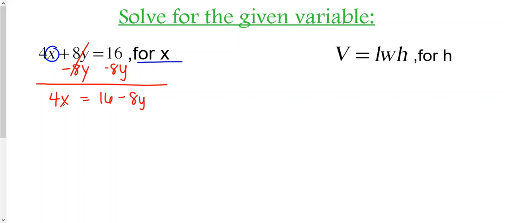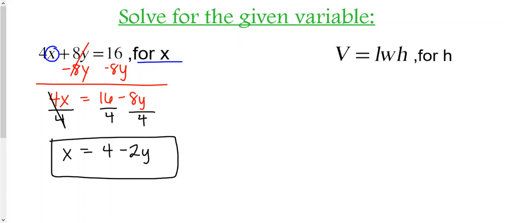Now to get everything away from the x, divide everybody by 4. So everybody gets divided by 4. That cancels out. I'm left with x is equal to 16 divided by 4 is 4. Negative 8 divided by 4 is negative 2. And they still have the y.